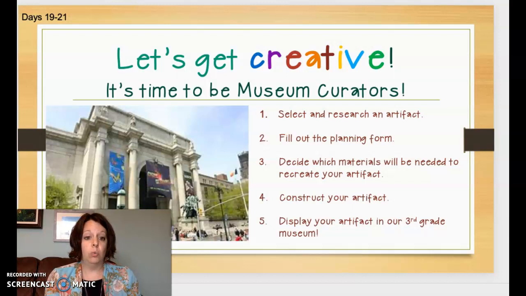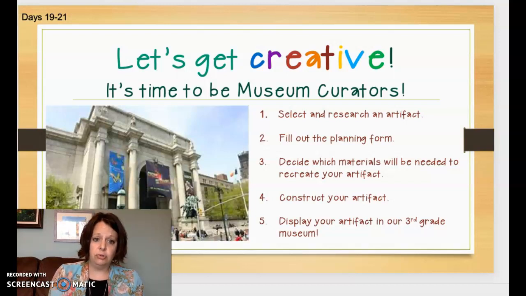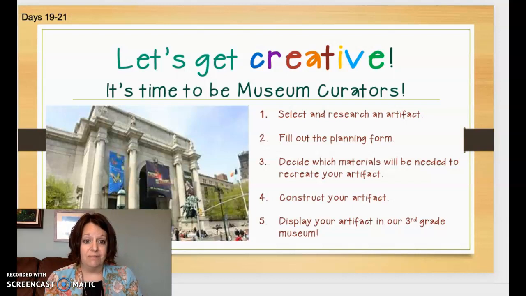You don't want to use anything that's valuable, because we wouldn't want to destroy that or take something that your family really treasures. So we need to be creative and really think about our materials, and you need to make sure that you get permission from your family members before you use the materials.